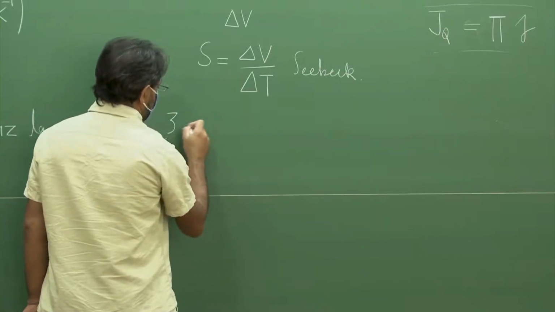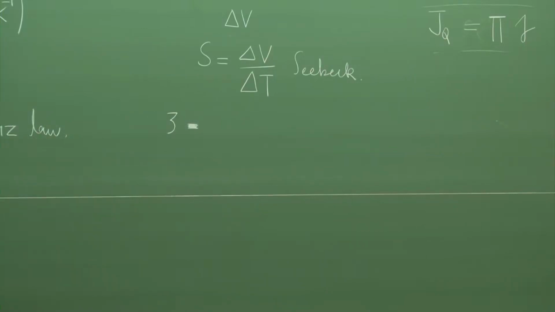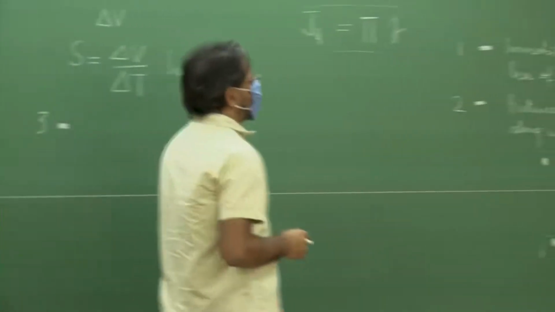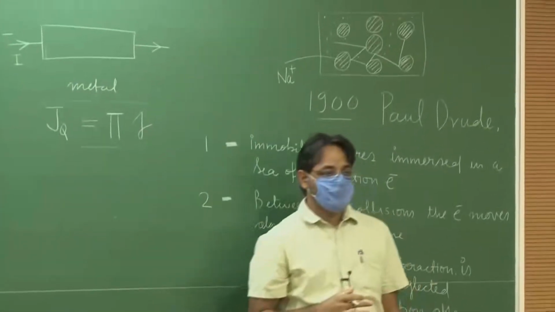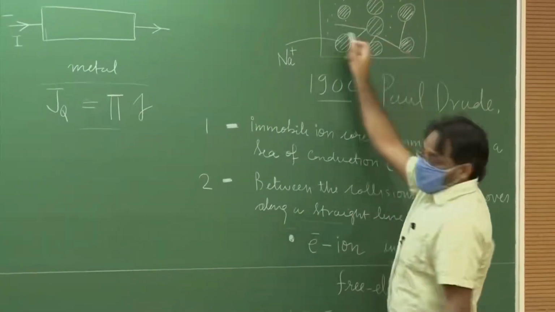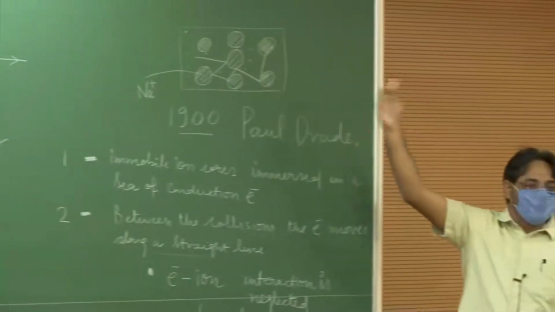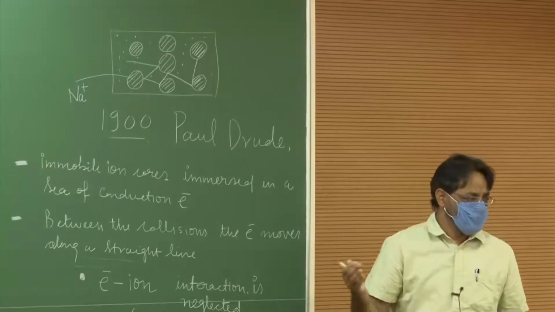The third point that he made is a very interesting point actually; this is where the phenomenology comes in. He said that the electrons are bouncing off these ionic cores, right, but some of the electrons might go straight. They may not bounce off every ionic core, they might skip a few because they find a way in between the two ionic cores and so on and so forth.